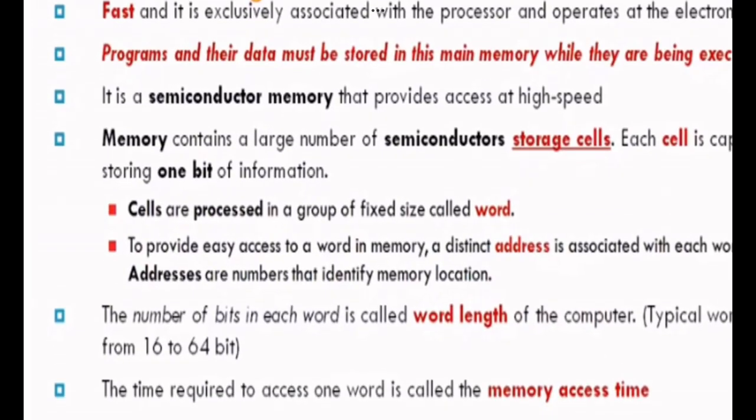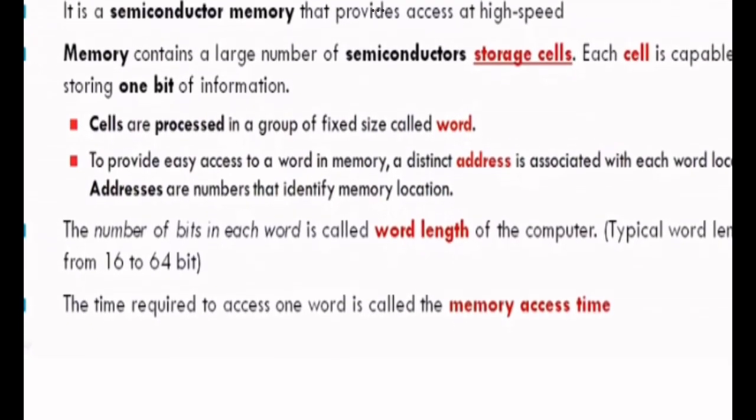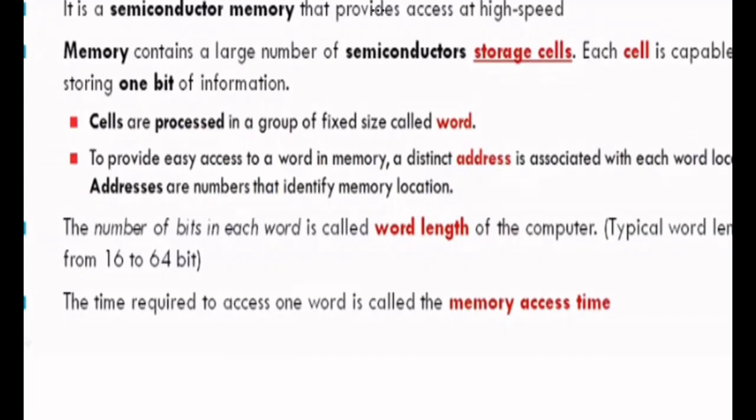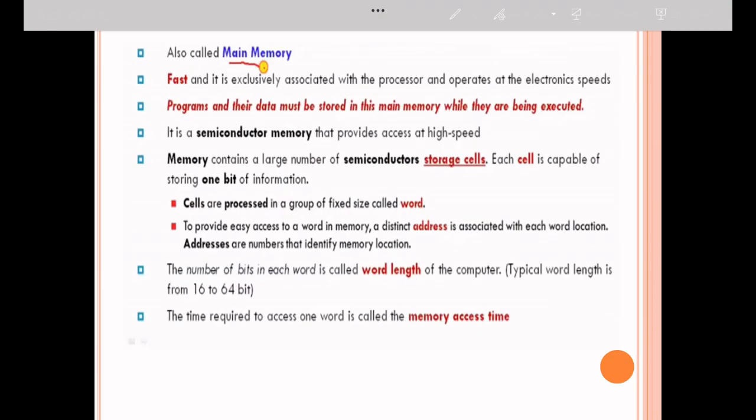This is very important for competitive exams. And cells are processed in groups of fixed size. A cell group of fixed size is called a word. This is very important to provide easy access. Now, this is very important. A number of bits in each word is called the word length.